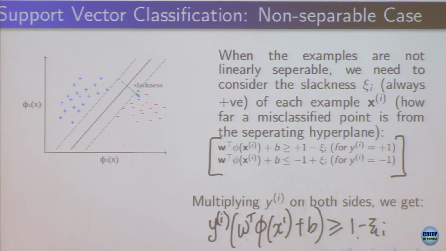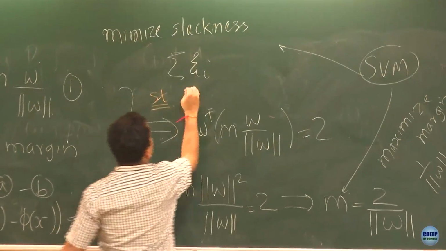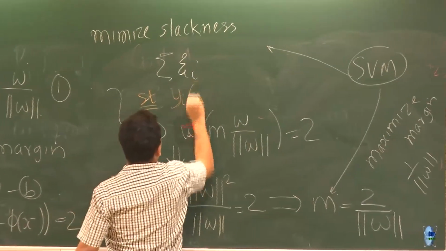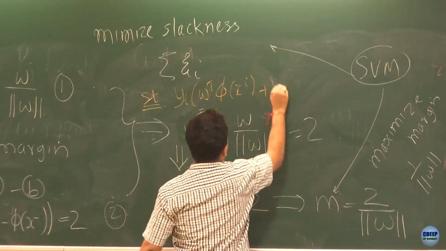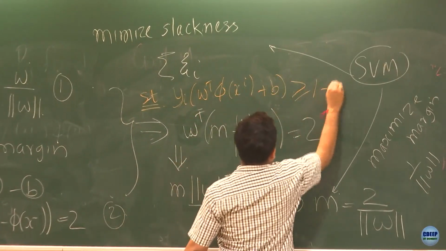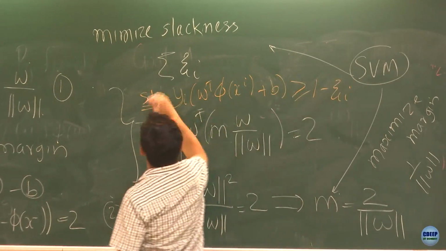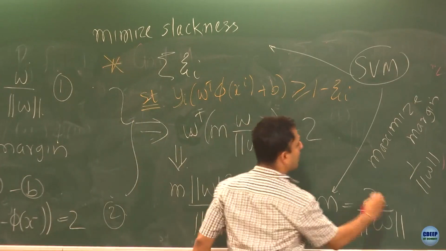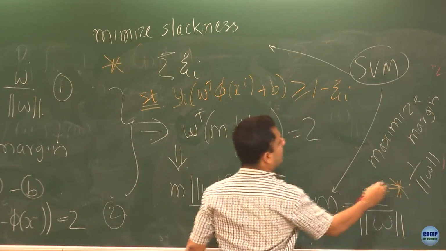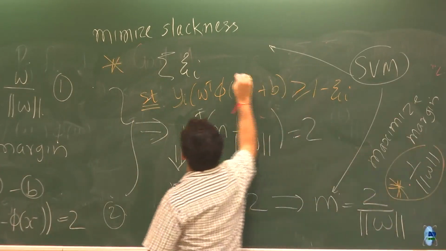So minimize slackness, maximize margin such that yi into W transpose phi xi plus b is greater than or equal to 1 minus xi. These are the three parts to an SVM.